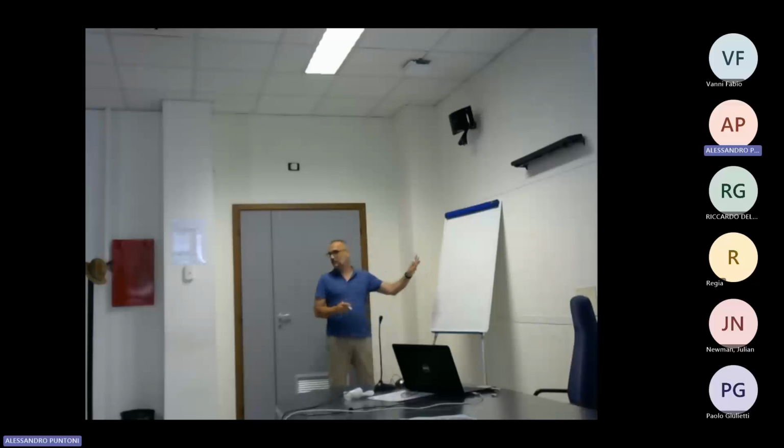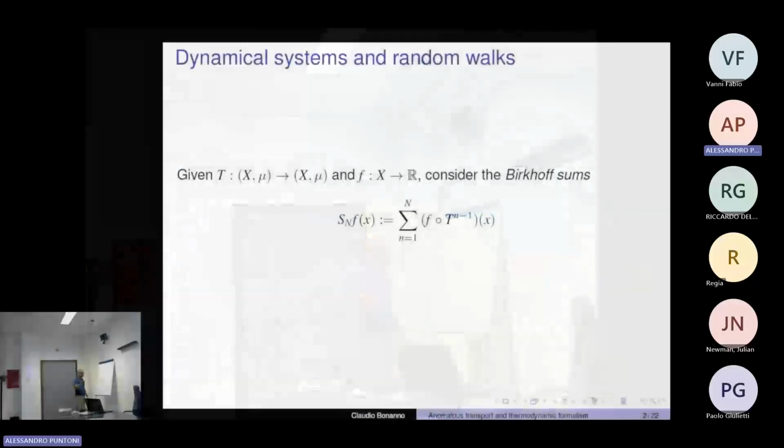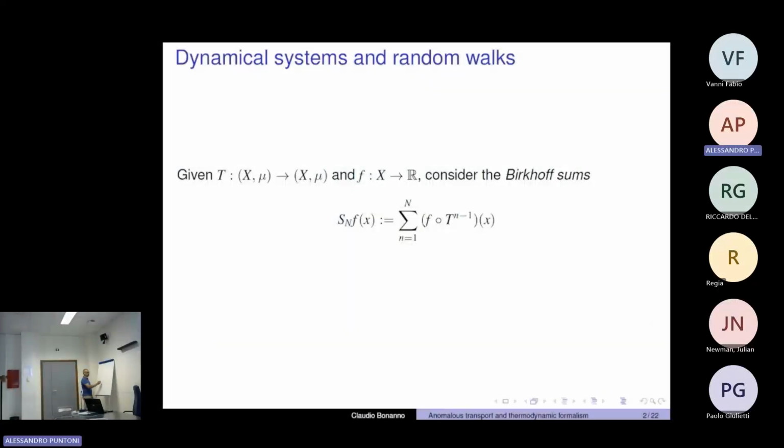I'm not plotting the map for the moment, but you can imagine an observable which is equal to, for example, -1 when you are on the left interval and +1 when you are on the right. If you build your sums with this observable, you will have a kind of random walk on the real line. And you can ask for the properties of this walk, in particular for the asymptotic properties of these sums.